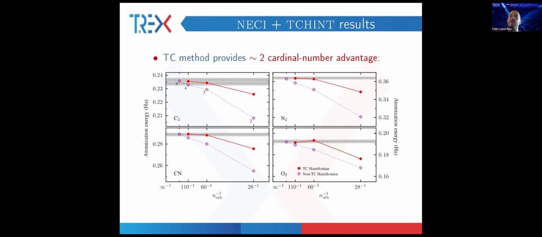Each of these data points, by the way, has been pushed to the full CI limit by extrapolation, very much like Anthony mentioned earlier. So we are using a technique we are developing to get to the full CI limit.